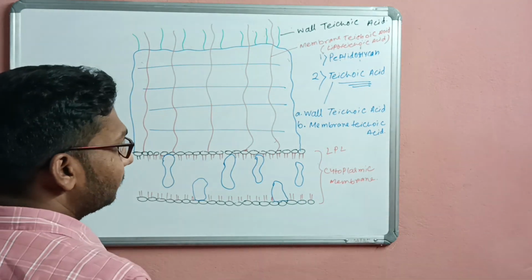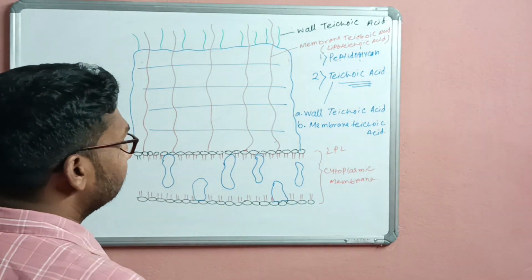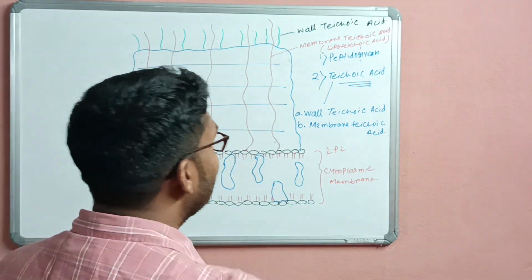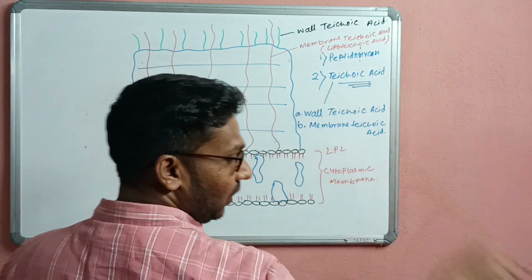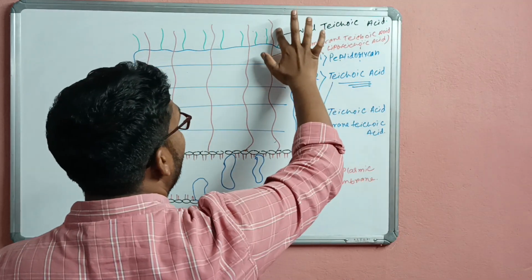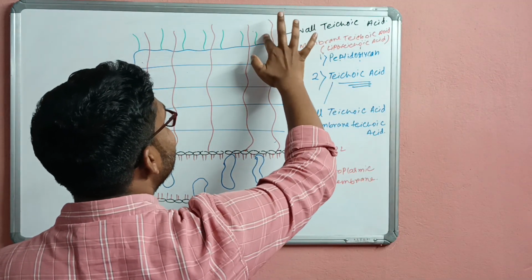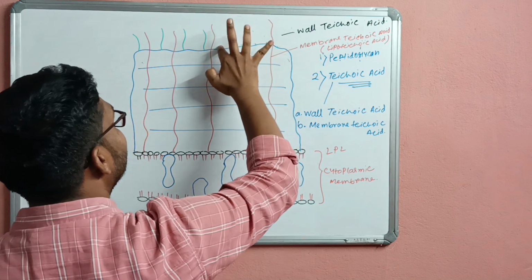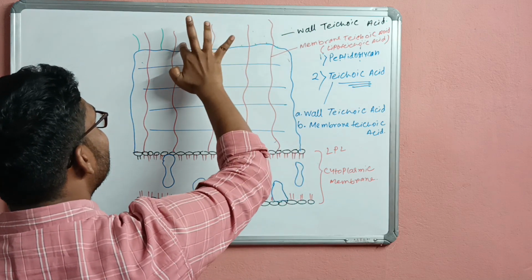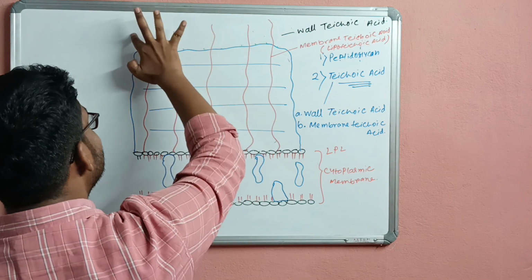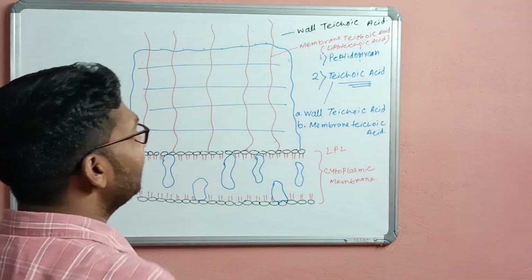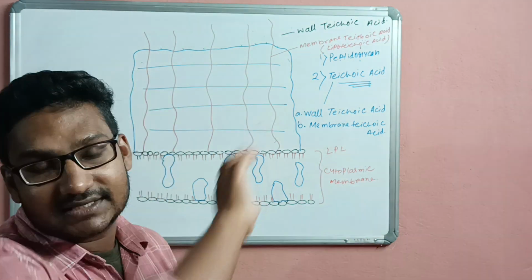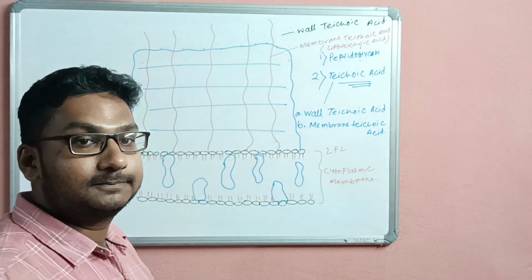So now I am telling you something very important. Sometimes wall teichoic acid may be absent, but membrane teichoic acid is always present.